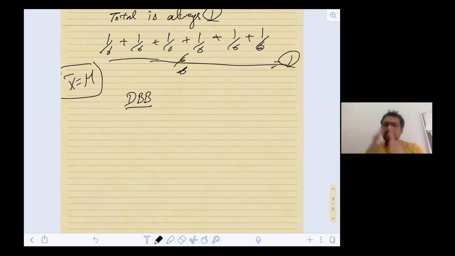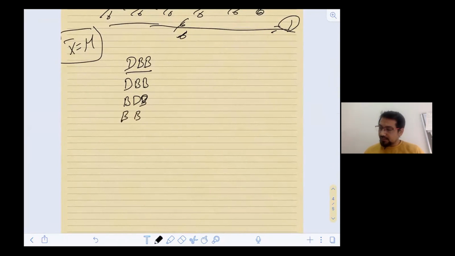So what could be the probability, if you want to make distributions? Let's say the first could be daughter, then son, or maybe first boy, then daughter. There could be many chances or possibilities: daughter, son, daughter, son.